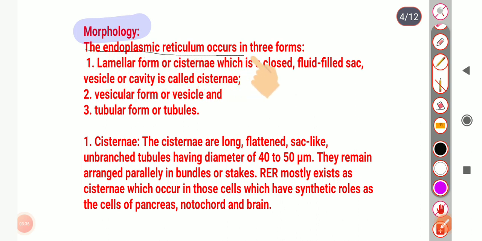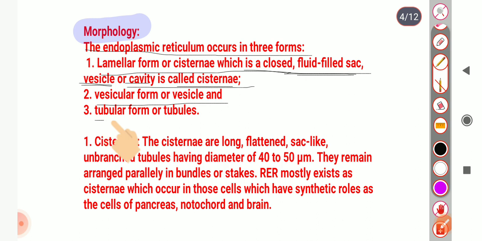The endoplasmic reticulum occurs in three forms: laminar or cisterna, which is a closed fluid-filled sac, meaning it contains fluid inside the sac; second, vesicular or vesicles; and third, tubular or tubules. So three structures are present: first laminar, also called cisterna, second vesicular, and third tubular.